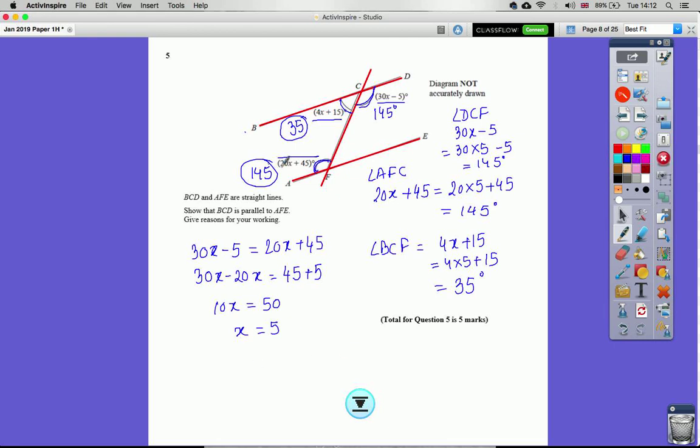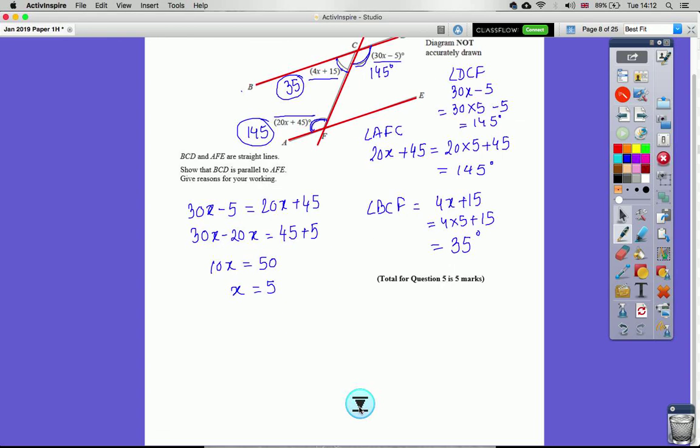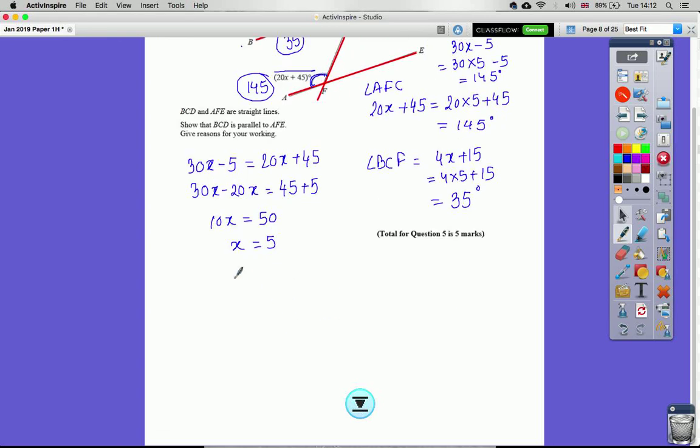So you can use both the conditions, both the information that you have found out. So you can say angle AFC is equal to angle DCF. These are alternate angles and are equal.